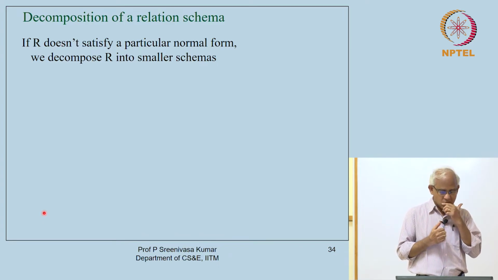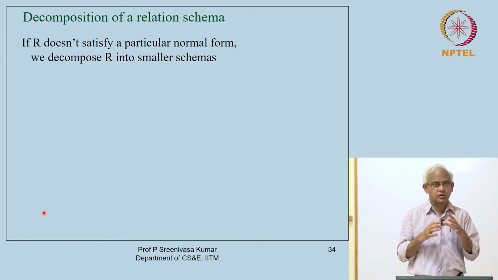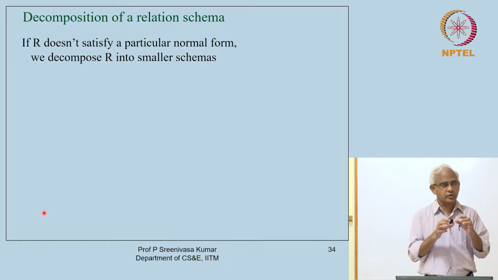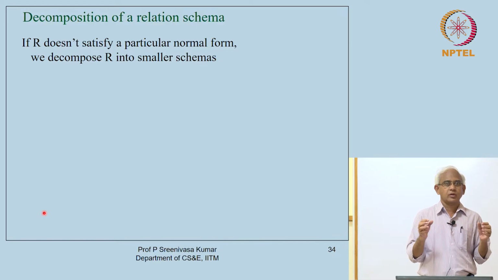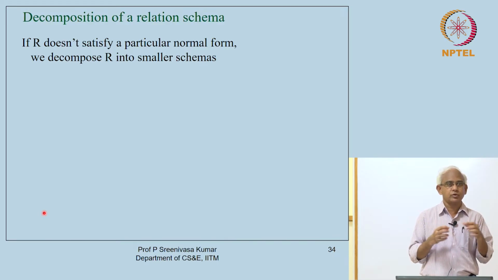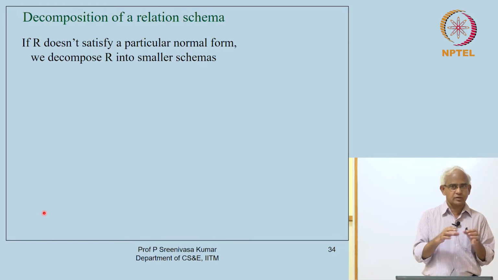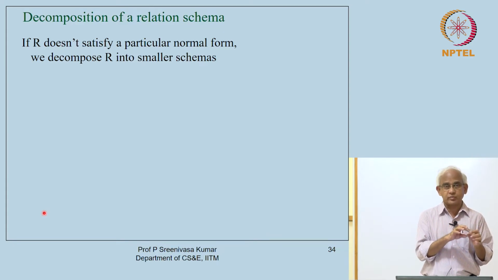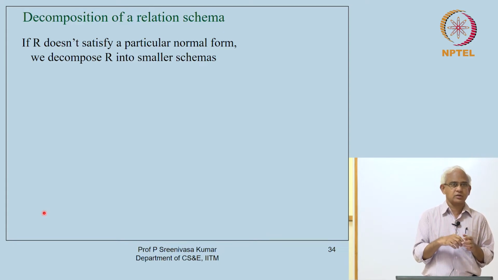This process of taking a relation and decomposing it is something that we have done several times in the last lecture, each time we found that a relation does not satisfy a certain normal form.